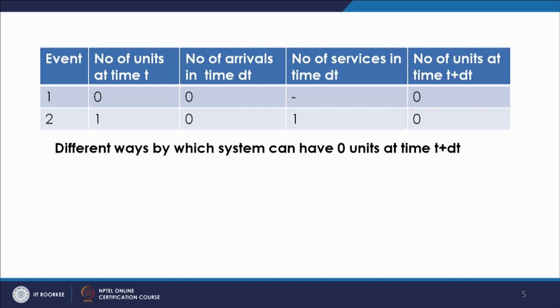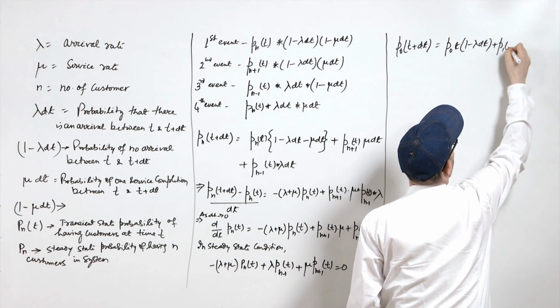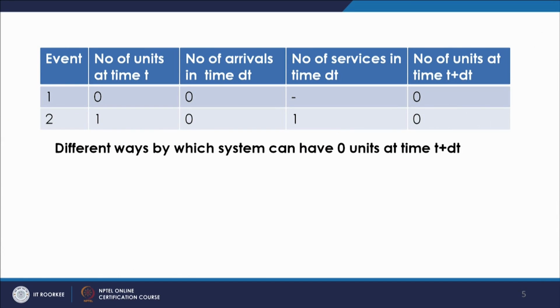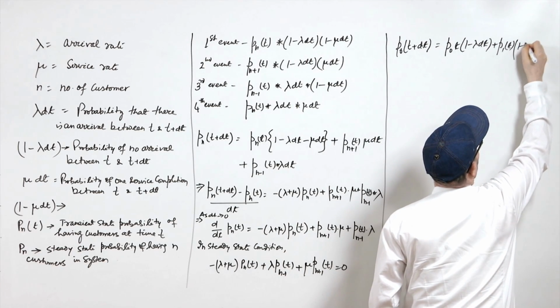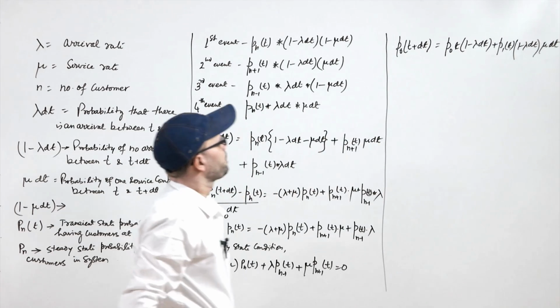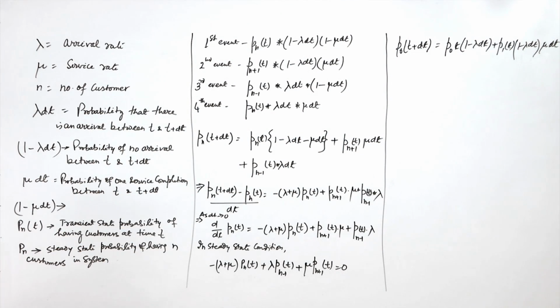Then next is plus P 1 (t). We have one customer, so you have 0 arrival and 1 service. 0 arrival means 1 minus lambda dt, and service, that is mu dt. So, in this situation you can have 0 units at time t plus dt.